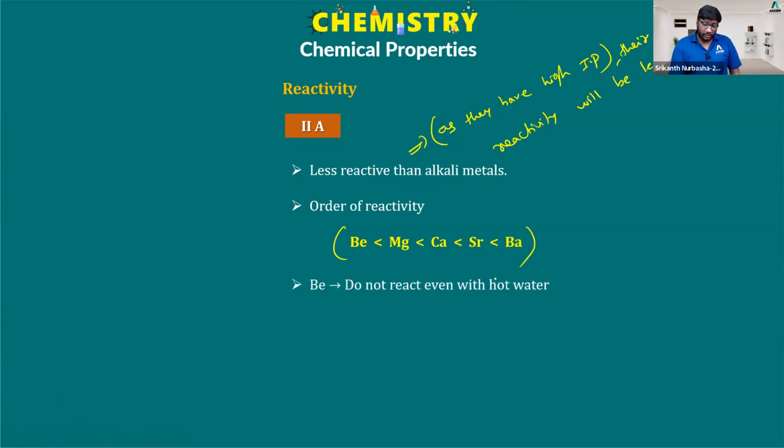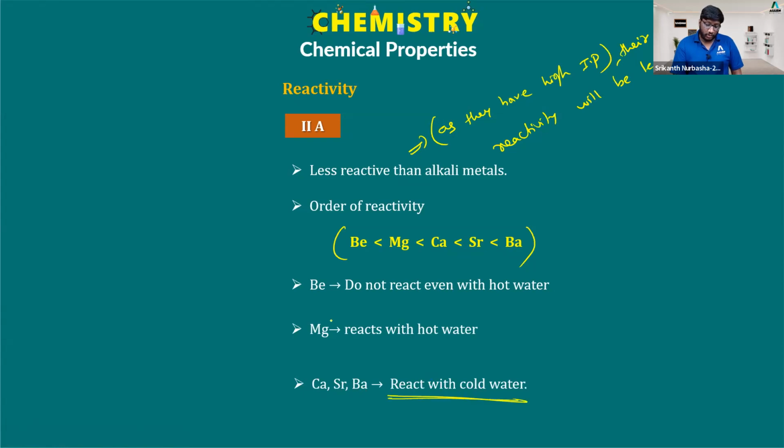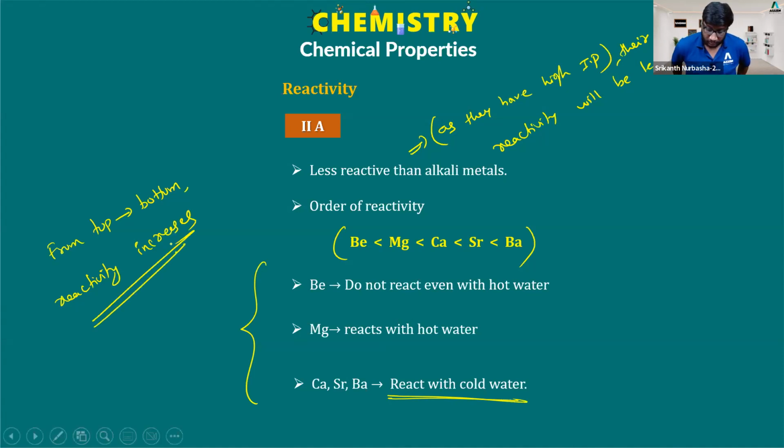Beryllium does not react even with hot water. Magnesium reacts with hot water. Calcium, strontium, and barium can react with cold water. So from top to bottom, reactivity increases because the ionization potential is decreasing, right?